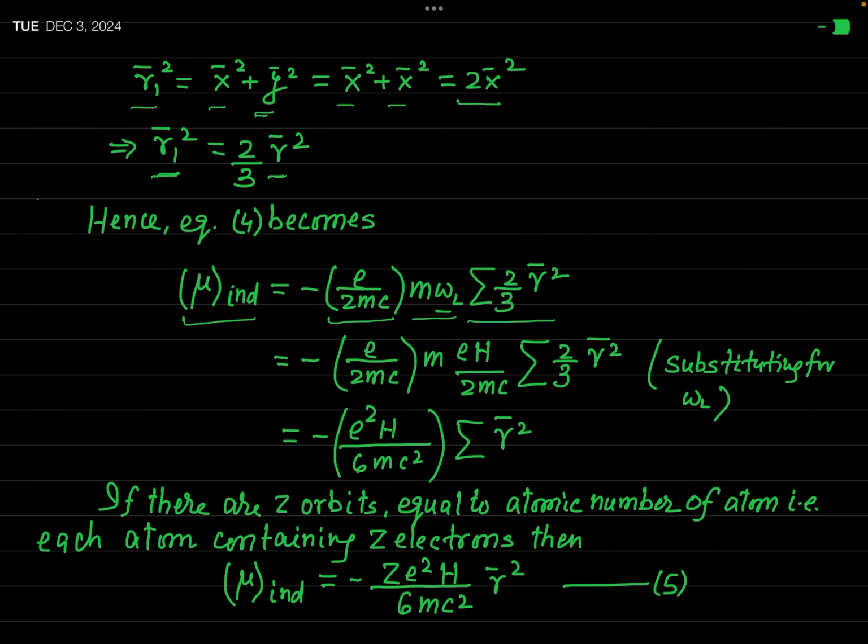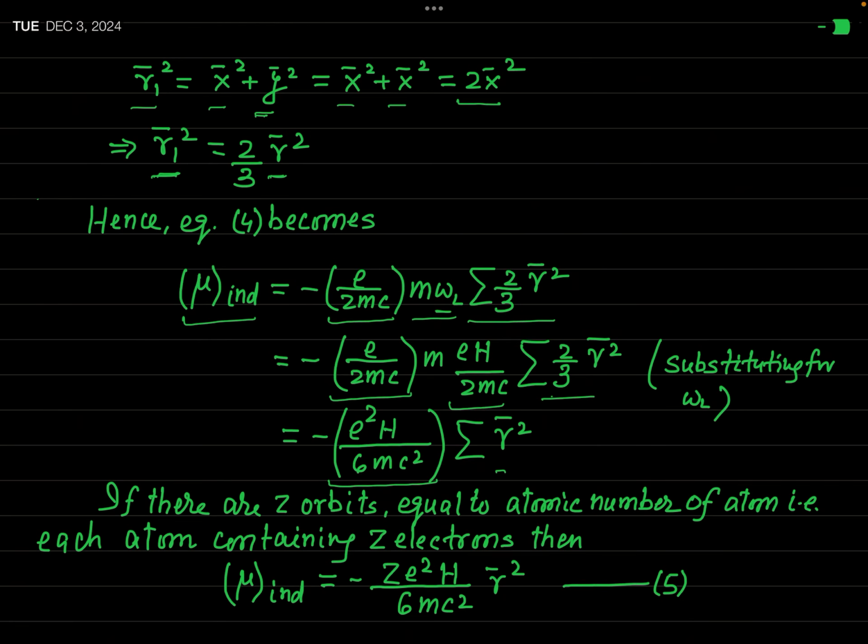So let us substitute that value of omega L here, and so mu induced will be equal to minus e over 2mc times m times eH over 2mc, which is the value of omega L, times this much. After simplification our result is mu induced equal to minus e square H over 6mc square summation r square bar.